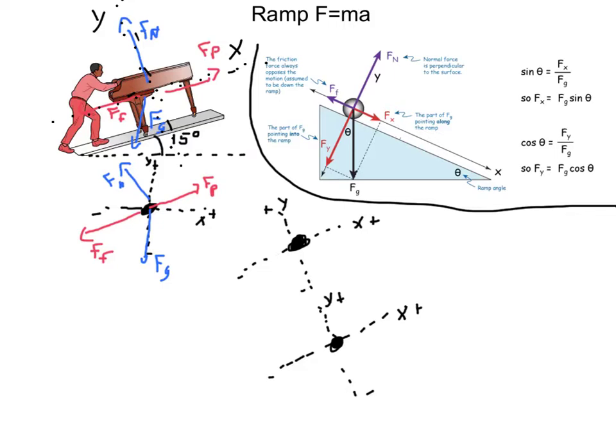Both ways it still works the same. So whenever I tilt the axis, check it out. Now, force of push and force of friction are on the X-axis, and normal force is on the Y-axis. In fact, the only thing that isn't on the XY axis is just force of gravity.